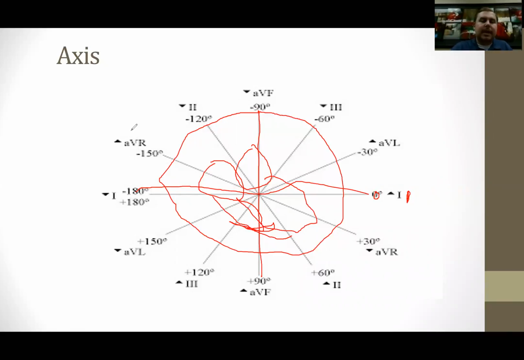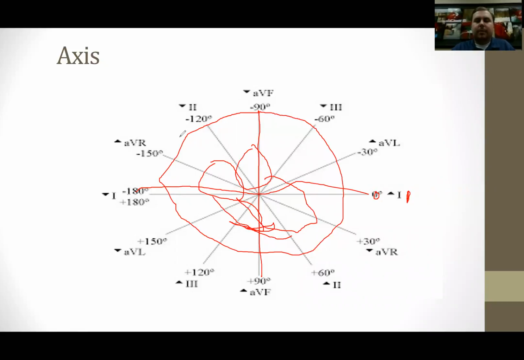The reason for that is aVR, again, is looking at the base. Well, what comes out of that base? The aorta, and off of that come our coronary arteries. So if you have a left main disease process, aVR is looking directly at that left main, and you're going to see ST elevation in aVR whenever there's left main disease.